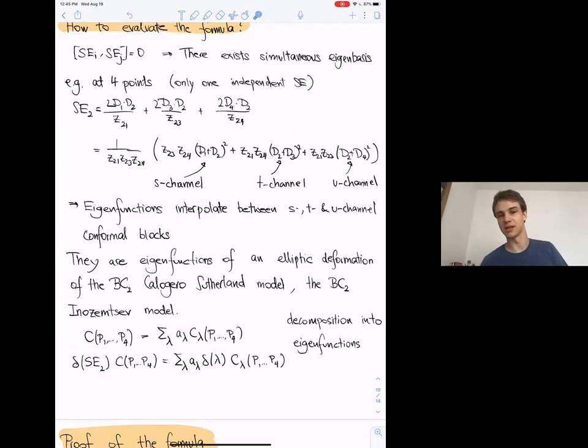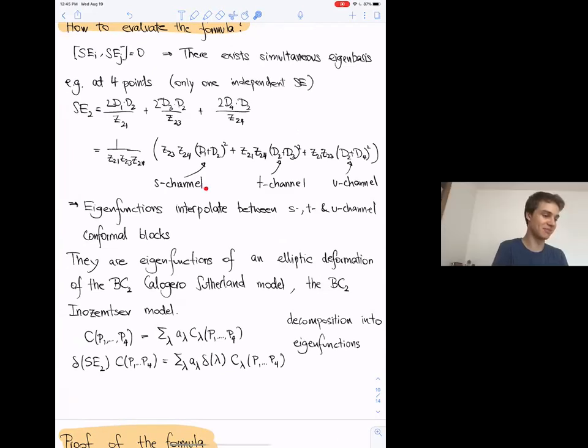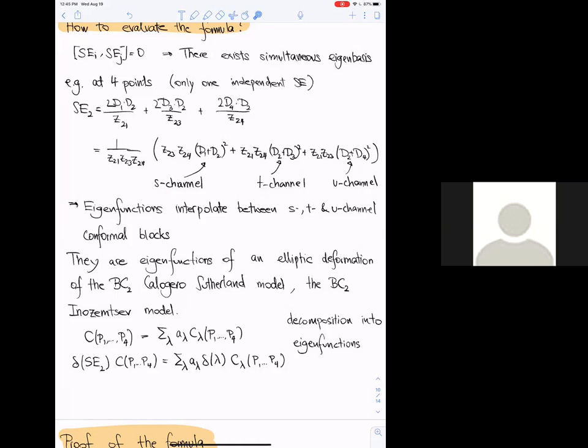That comes about because you have to go to the pillow coordinates of this 4-point function to see it, and the pillow coordinate gives you the elliptic parameter in that deformation. But it's not super useful for anything right now. Thanks. Yeah, but I find it kind of fascinating that this is an object that interpolates between the 3 channels. So I'm not sure whether it will be useful. Yeah, I agree, that seems really interesting. Yeah, thank you.